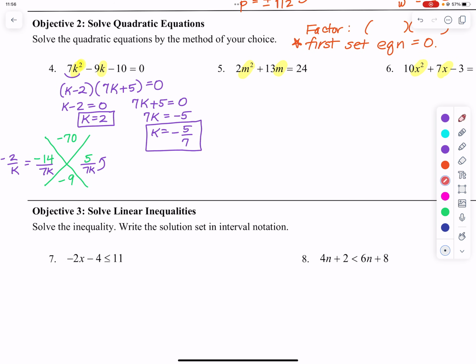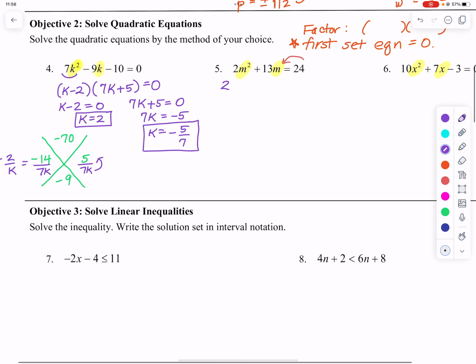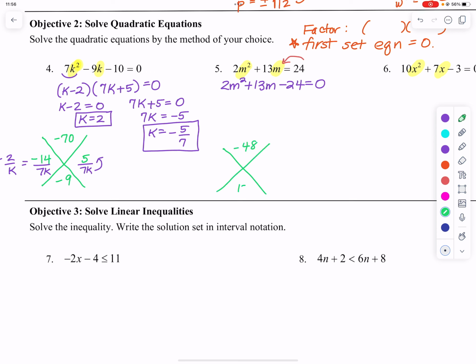Before we begin, we do have to move that 24 over. So we have 2m squared plus 13m minus 24 equals 0. So we go ahead and make our work on our factoring, and we have a negative 48 and a positive 13.